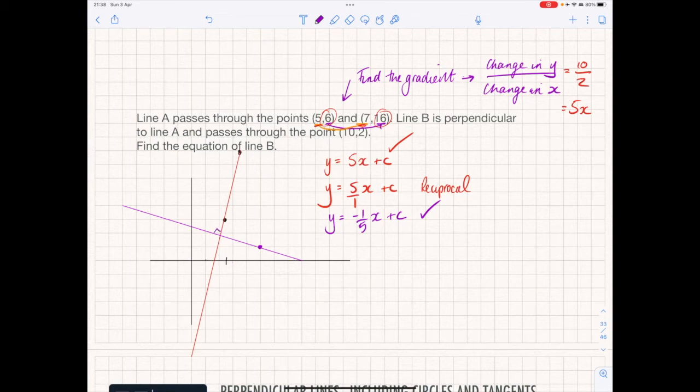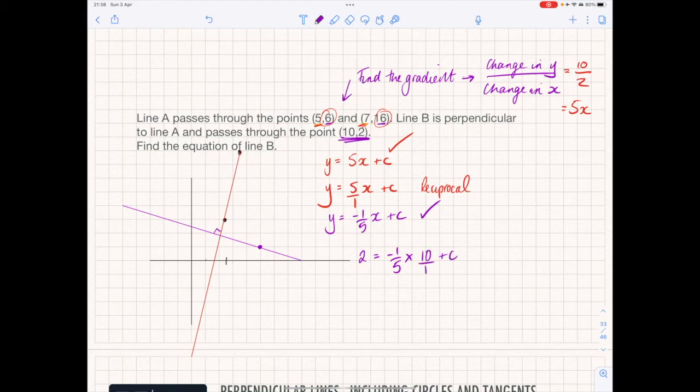So now let's substitute in these values that we know. So remember that this 10 is your x and this 2 is your y. So I change y for 2, which is equal to minus a fifth. Remember, minus a fifth of x means times x, and we're saying x is 10, so times 10 plus c.